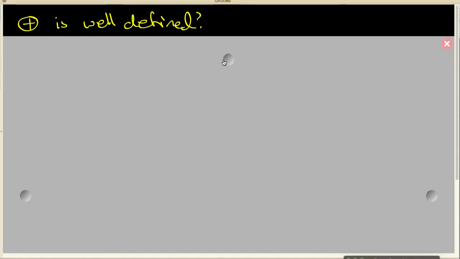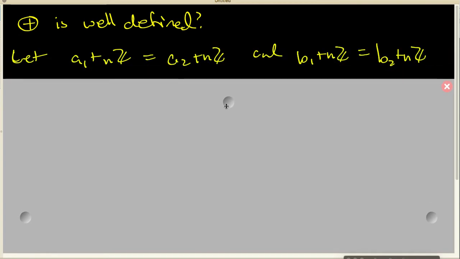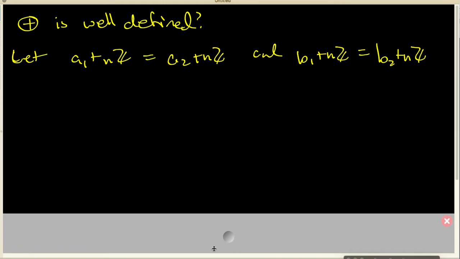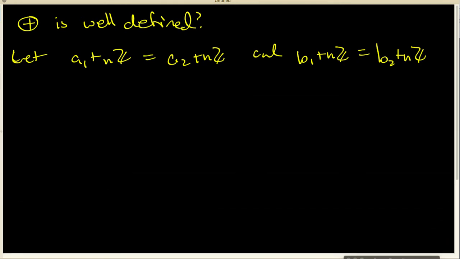So how are we going to investigate whether or not the addition is well defined? Well, we start with the idea that a1 + nZ is equal to a2 + nZ, and b1 + nZ is equal to b2 + nZ. And then, of course, the question is, what does that tell us? Well, this tells me that a1 - a2 belongs to nZ.